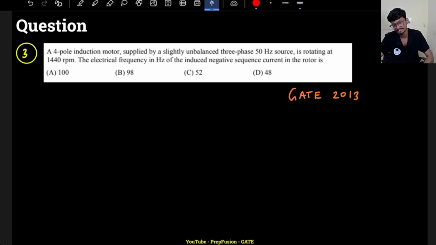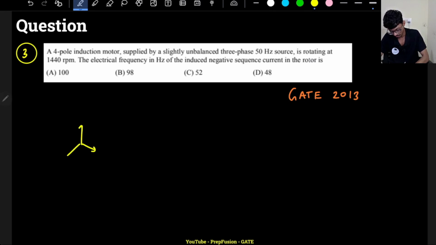So if it is a totally balanced supply, I will have basically only a single component, that is the positive sequence component. The positive sequence component is the component which will be in the same phase sequence as the supply. So if the supply phase sequence is ABC, the positive sequence component will also be ABC.